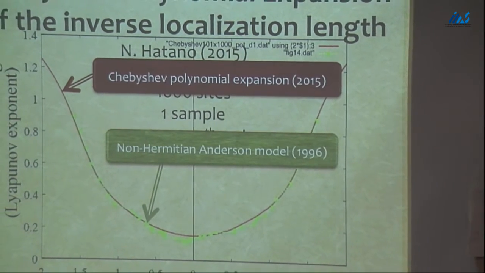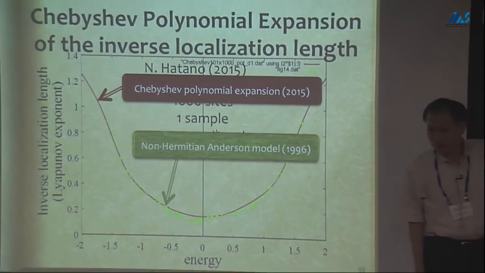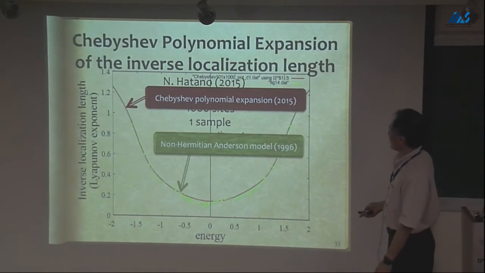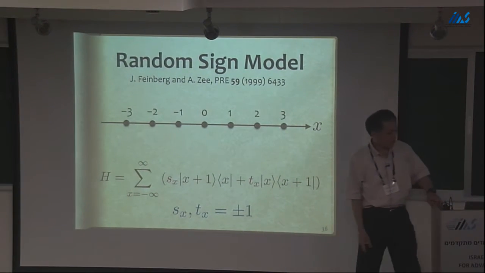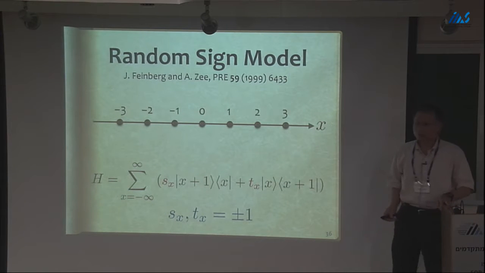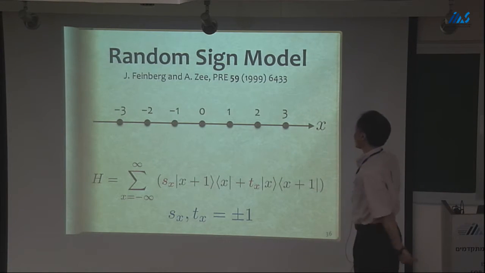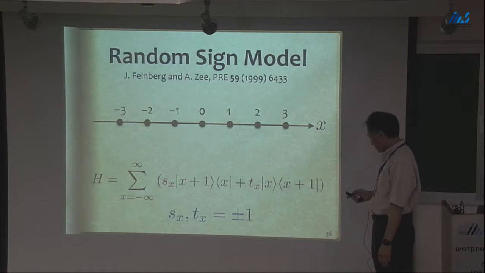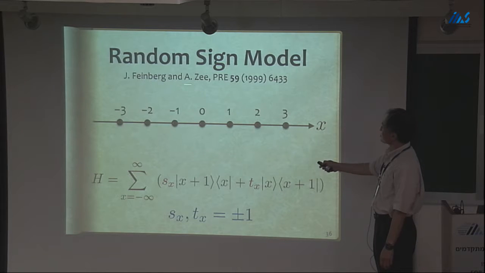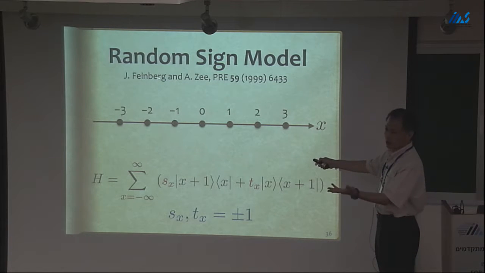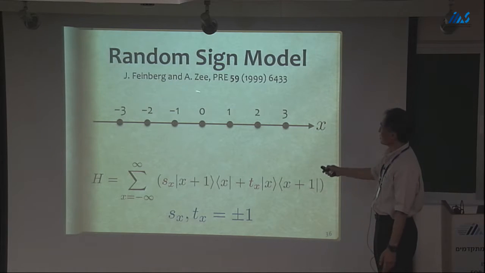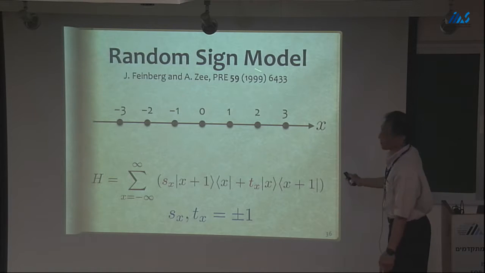Okay, I still have some minutes, right? So let me just mention the final thing about the random sign model, which you asked about. This was done by Joshua and his coworker Tony Z, back in '99.